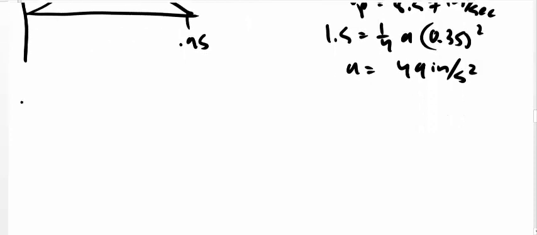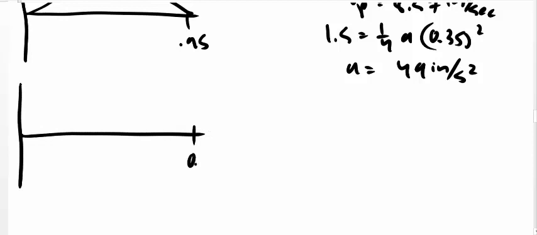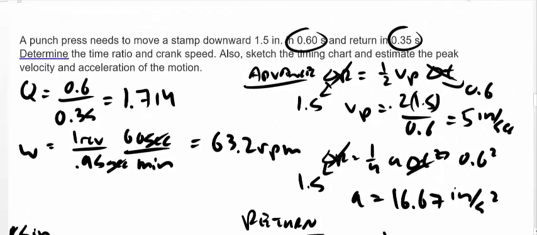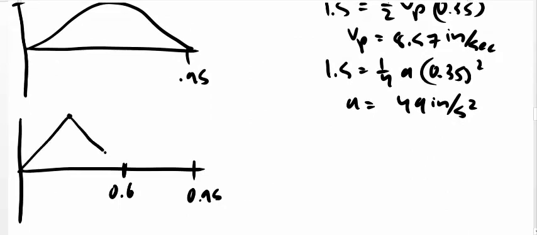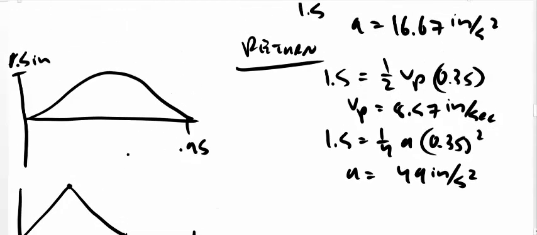So now when we draw the velocity graph, we already know the values, right? This is going to happen in 0.95 seconds. We know that 0.6 is an important time for us. So the peak velocity in that 0.6 for the advance, right, was 5. So we draw a triangle for that. Then the return had a 8.57. Okay, and really I should have put a negative sign here to get the negatives of these guys.